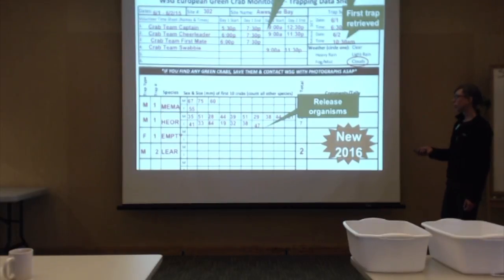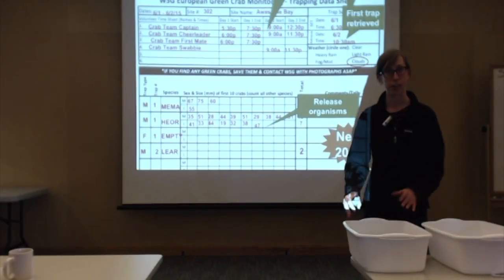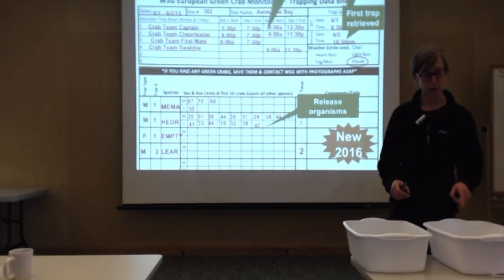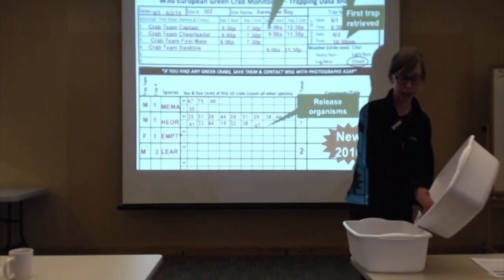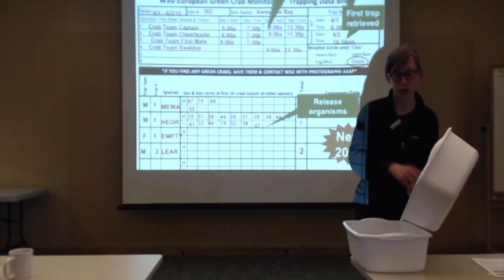What we want you to do is, when you get to a trap, count and release the fish before you move on to the crabs. So you have a little bit of water here, a little bit of water here to keep things happy. 1, 2, 3, 4 staghorn sculpins, and you can sort of scoop them. We'll give you a pair of gloves to avoid the pokey bits.